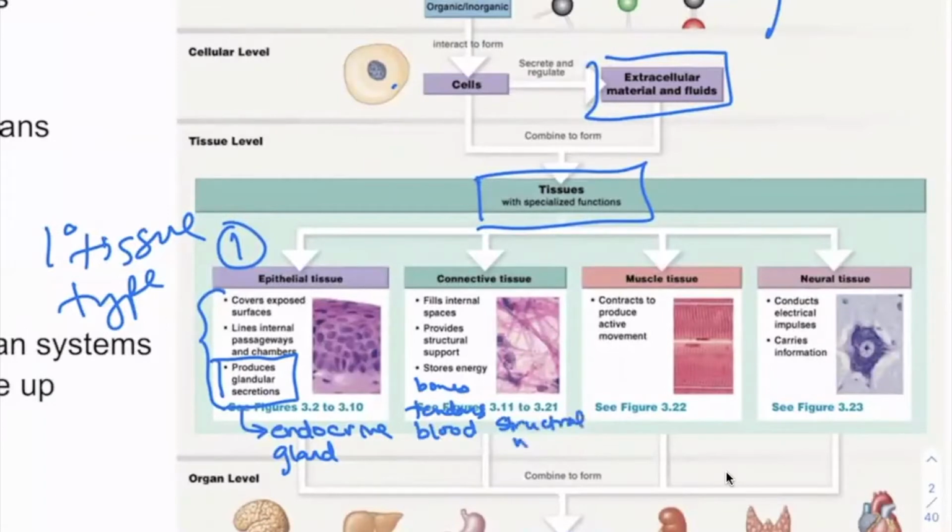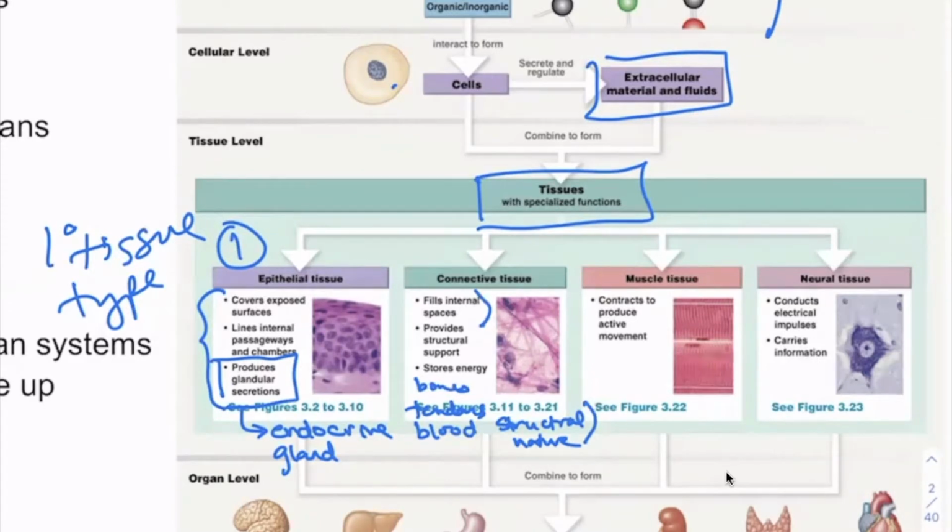So these are structural in nature. They're either connecting things, or they're filling spaces for structure, right? Adipose or fat cells are also connective tissue. So providing structure, support, shape, energy, strength in terms of the structure, like bones. Those are all connective tissue.